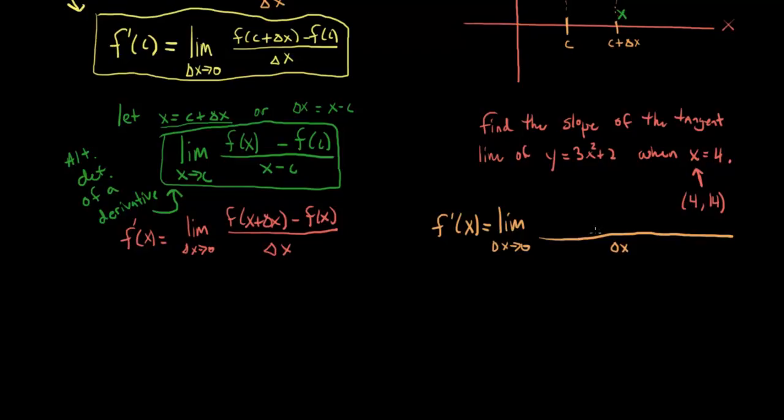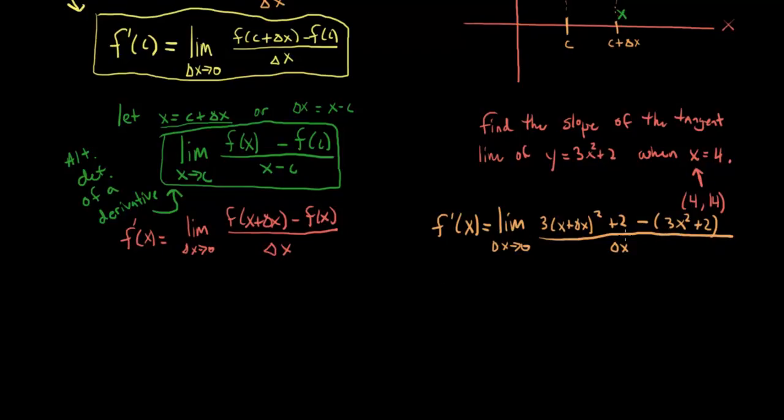Now let's evaluate f at x plus delta x. f evaluated at x plus delta x is 3 times (x plus delta x) squared plus 2, minus f of x. Use parentheses here: minus (3x squared plus 2). If you forget to use parentheses there and don't keep track of those negative signs, you'll get a wrong answer. It's really important. If you're ever in doubt, use parentheses when you're making substitutions.